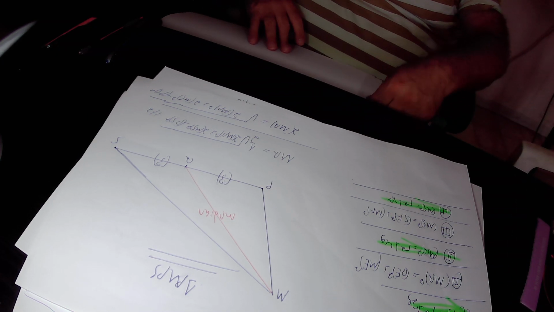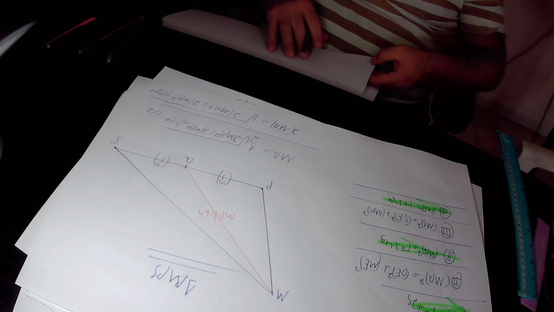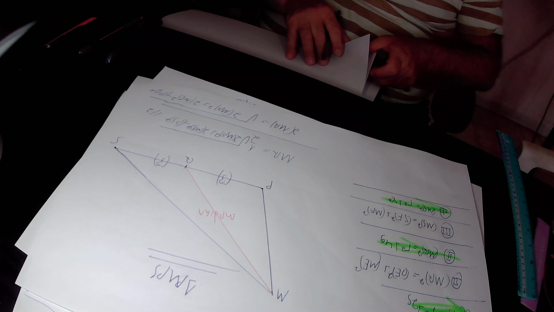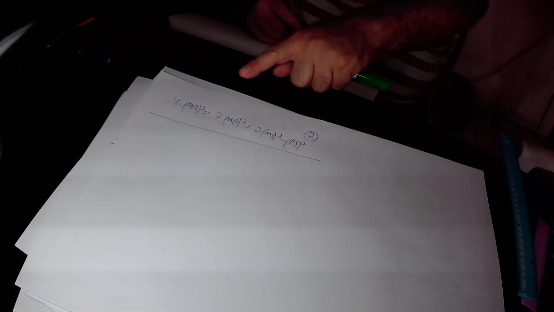So according to the formula for the length of a median, we found out that four times MQ squared equals 2 times MP squared plus 2 times MS squared minus PS squared.